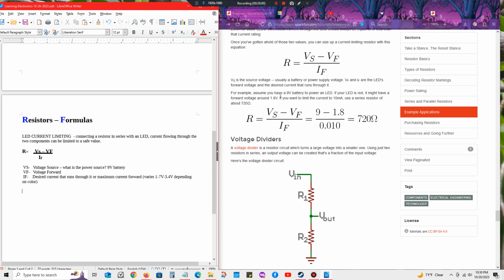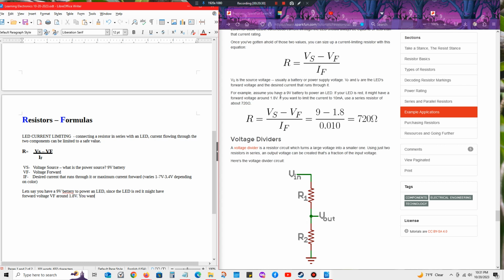So right here it says, let's say you have a 9-volt battery to power an LED. So since the LED is red, it might have a forward voltage, which stands for VF, at around 1.8 volts.